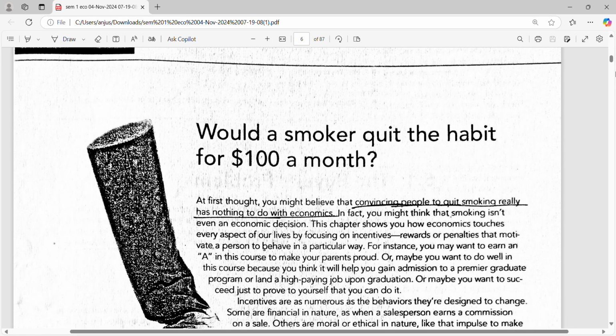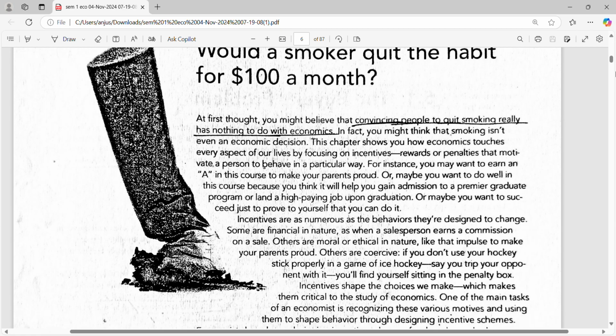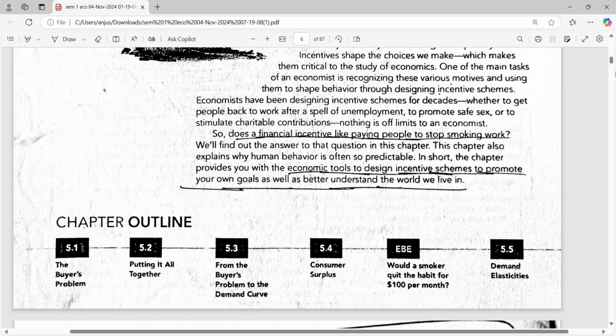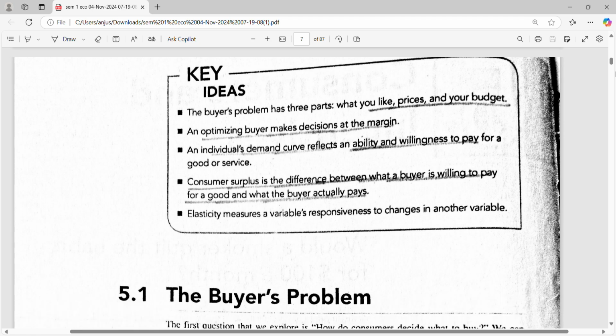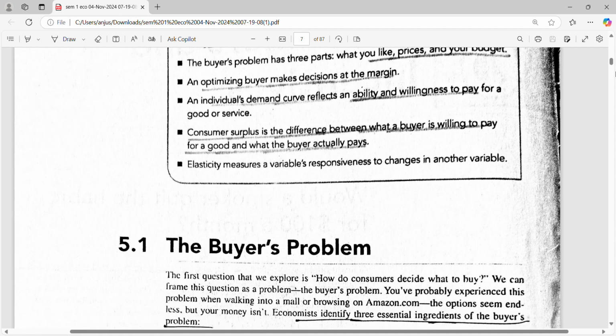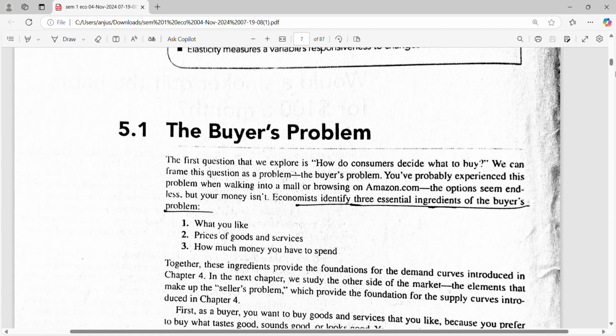So yeah, beginning here. The first portion is just a paragraph, you can read it by yourself. We are starting with 5.1. You can just read the key ideas. So 5.1, the buyer's problem. The buyer's problem is how do consumers decide what to buy? Economists identify 3 essential ingredients of the buyer's problem.